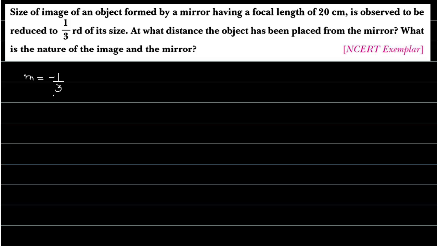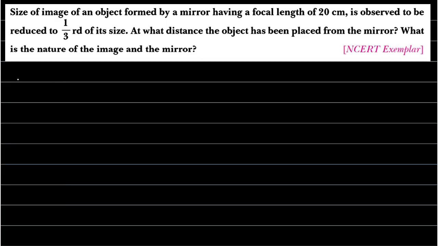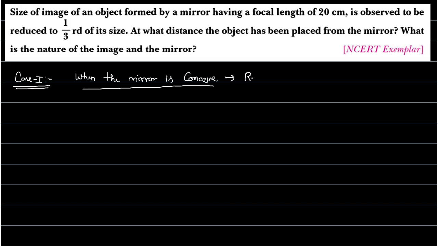So let's take the first case. Case 1 is when the mirror is concave. If the mirror is concave, definitely the image will be real and inverted.